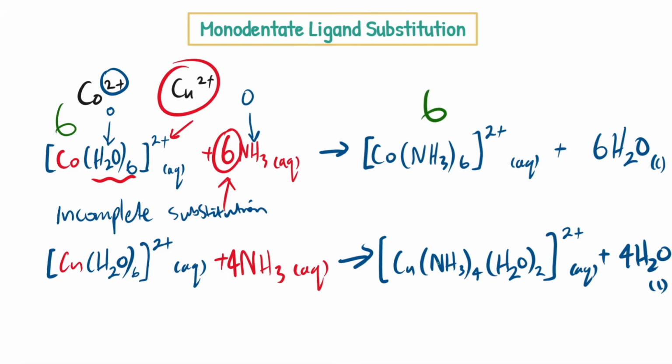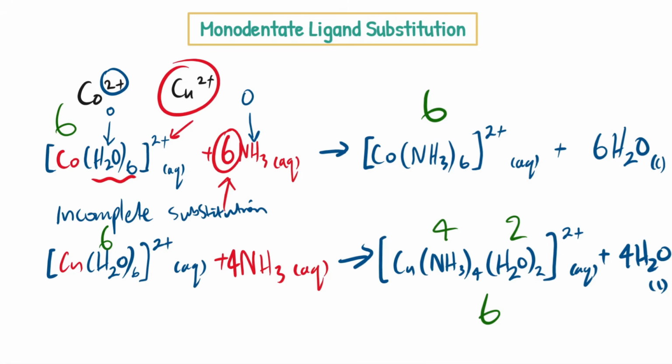Now for this copper 2+ incomplete substitution, we're going from 6 right here to how many? 4 plus 2, still 6. There is no change in coordination number. Now this switches up for chloride ions, which we'll check out in a second. But just remember, for ammonia and water, the neutral ligands involved in the specification, there is no change in coordination number.